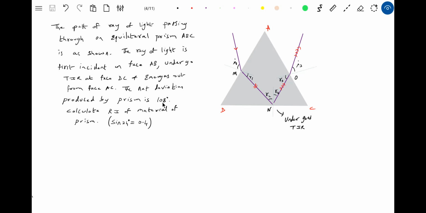Now what will be the approach? Way to bring the mu. Okay, let's get some relationship between the angles. Now, it's an equilateral prism, so this angle is 60 degrees, 60 degrees, 60 degrees.